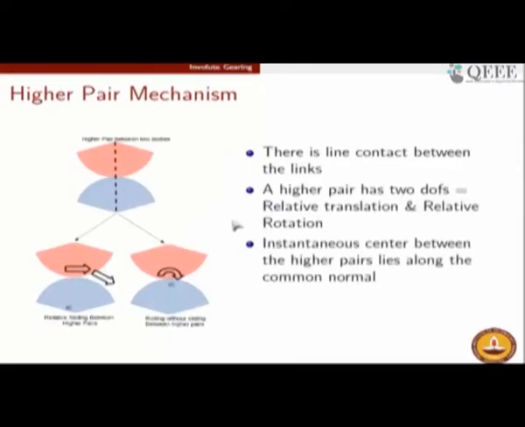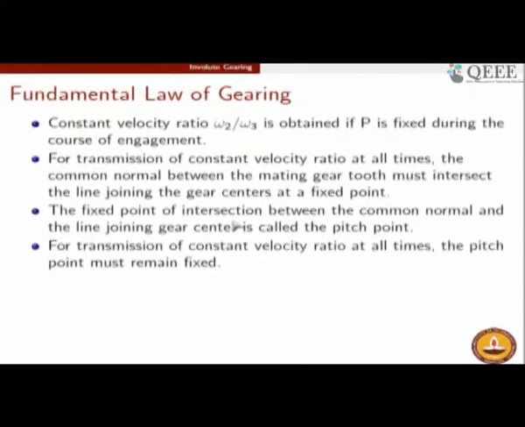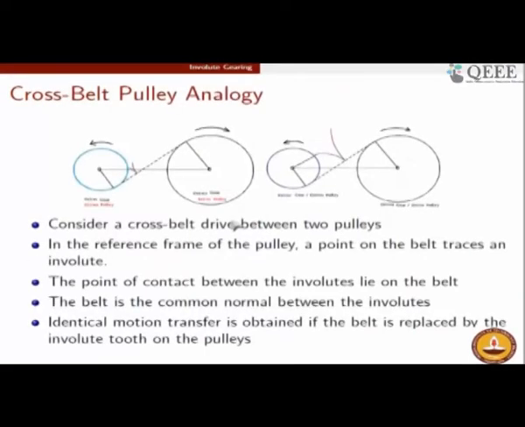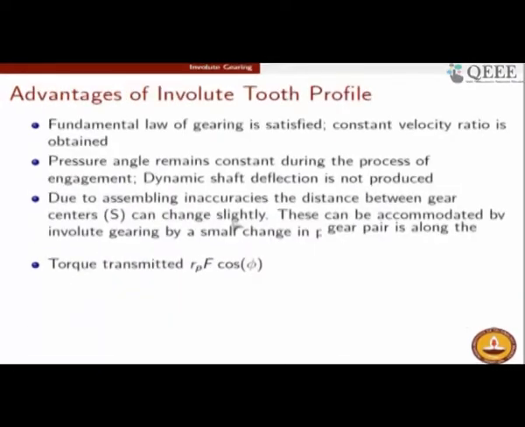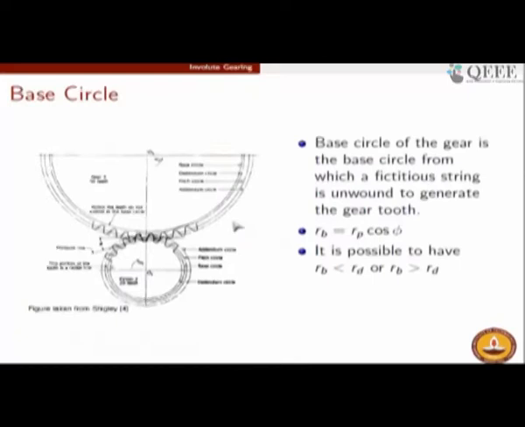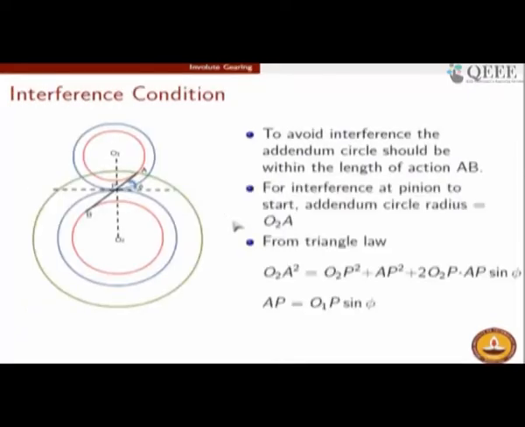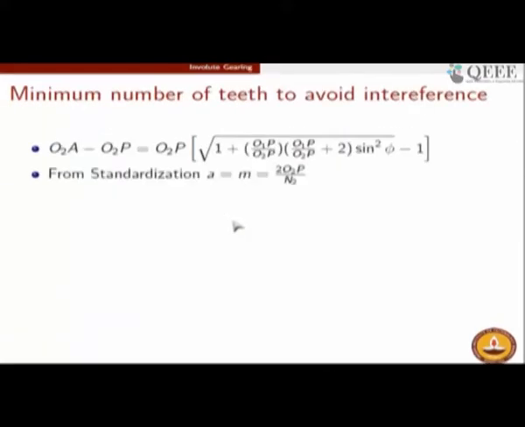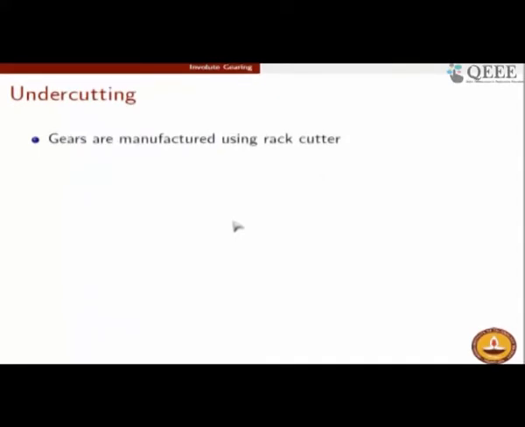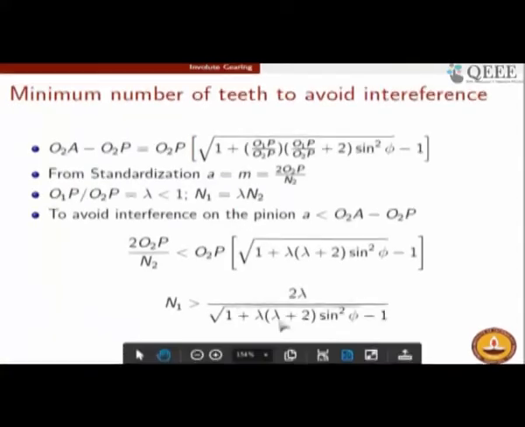So we'll take it off from there before we go to gear trains. I'll straight away go to the topic of interference, which is where we left off in the last lecture, and we understood that there is a formula that can be derived easily from basic geometrical considerations using laws of trigonometry.